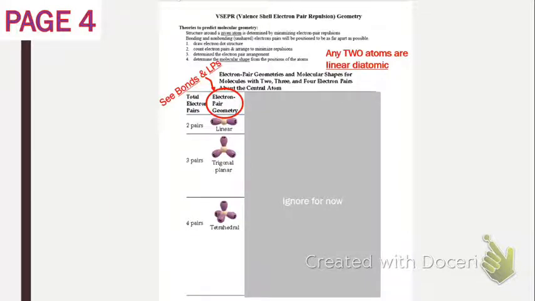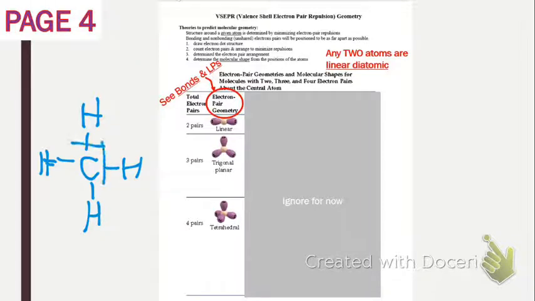And then four groups is called tetrahedral. You might think that four groups would make a square or a rectangle, especially since we've been drawing out things like CH4, like this. On paper, it is going to look like a square, and we do draw a lot of our molecules at right angles because remember, we're trying to fill up all four sides of this kind of invisible box around carbon, trying to get it full and happy with its 8 electrons.